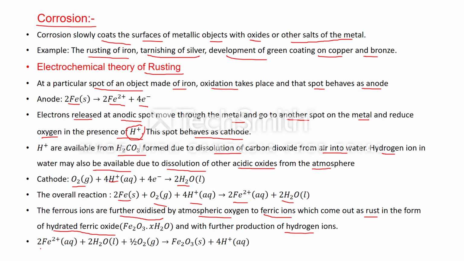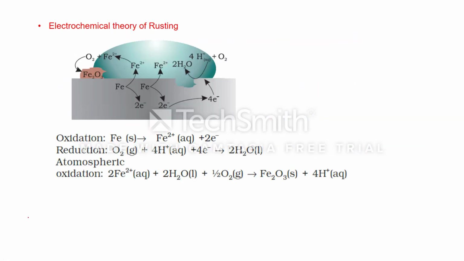Fe2+ converts into Fe3+ in the presence of oxygen, then Fe3+ reacts with oxygen and water to form Fe2O3 plus 4H+. This is the electrochemical theory of rusting.